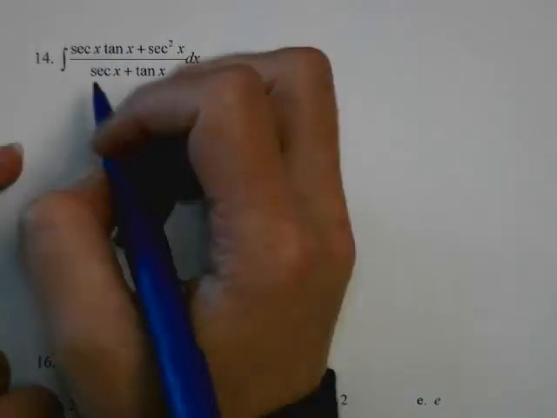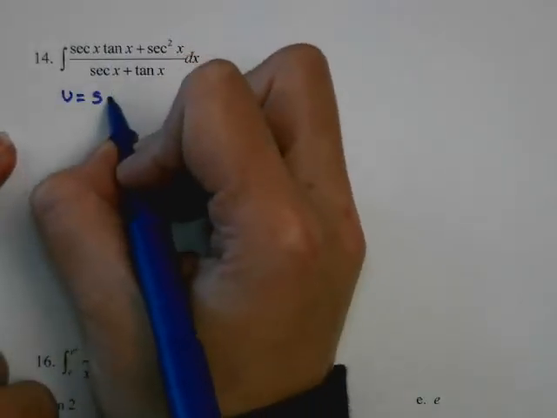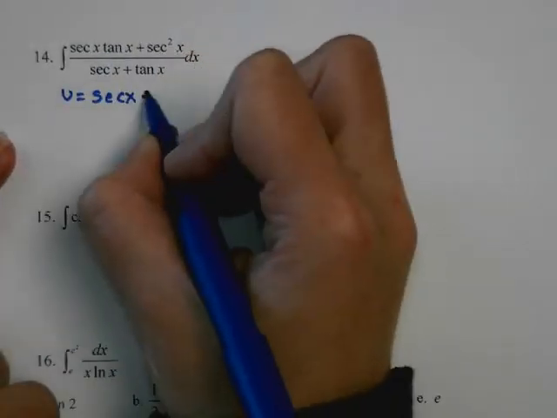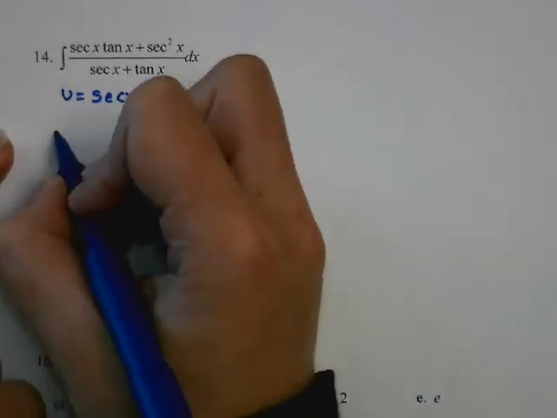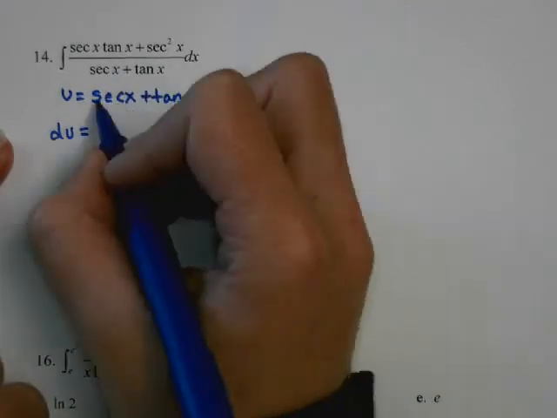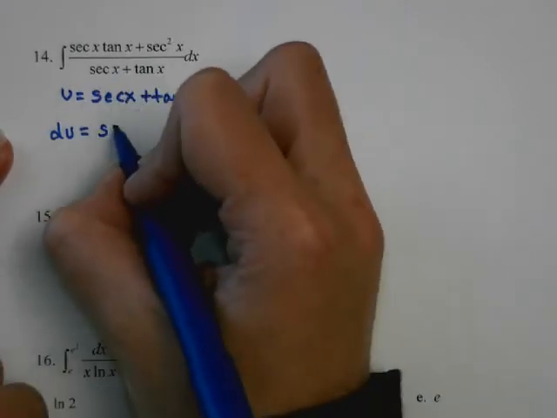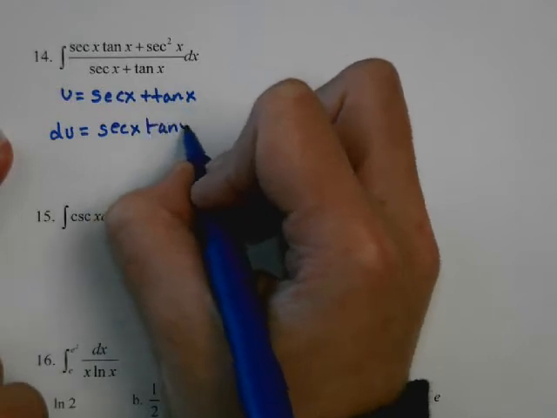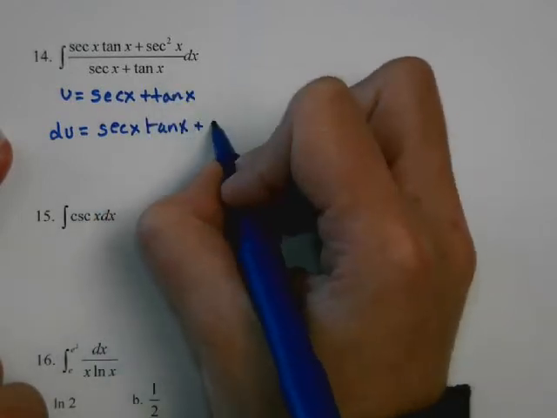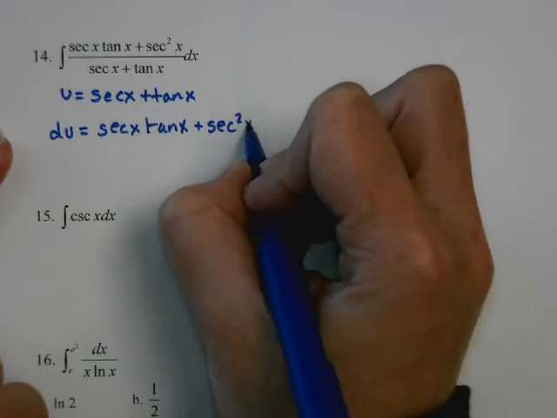Our next one, we're going to let u equal secant x plus tangent of x. We see our derivative there. Derivative of secant is secant of x tangent of x. Derivative of tangent, secant squared x.